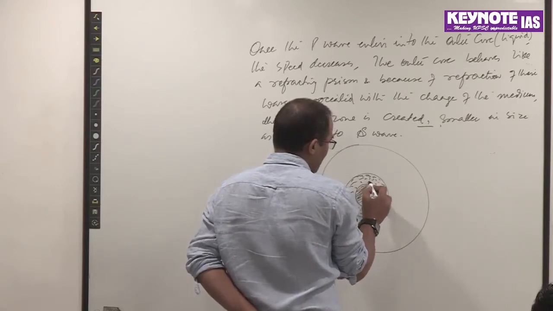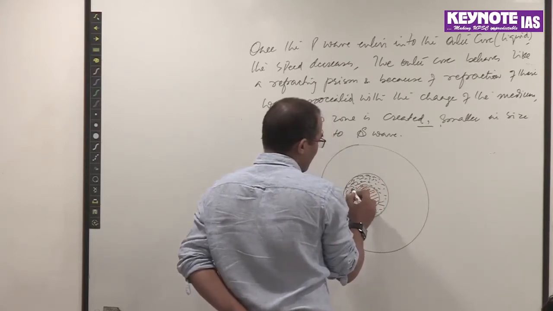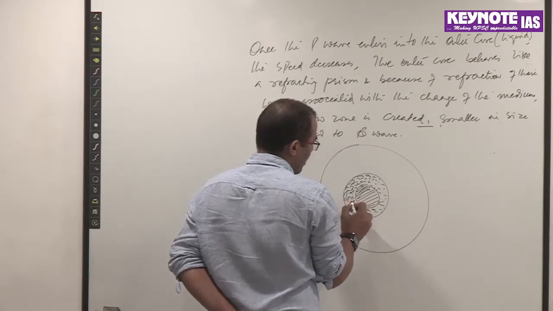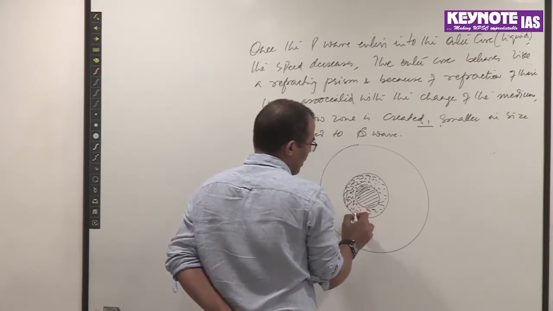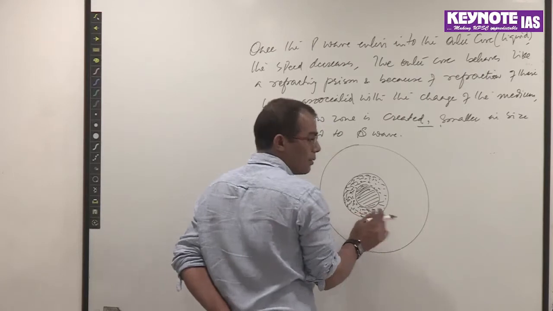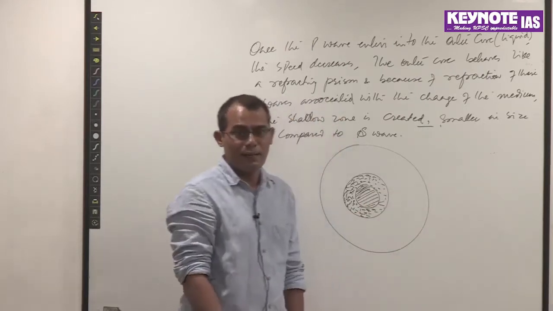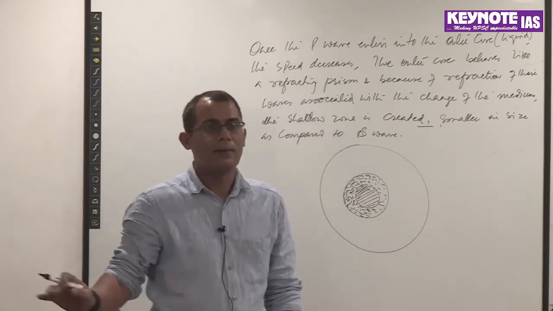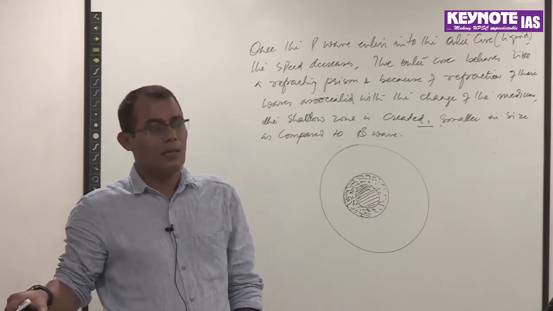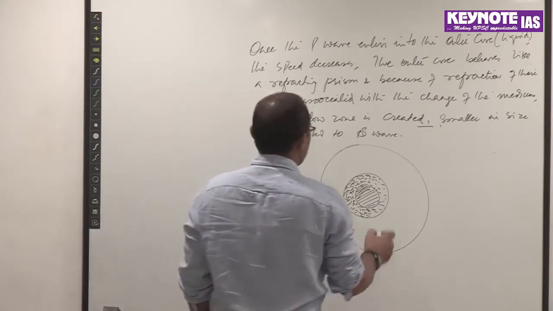Since our childhood you must have been reading one thing: when you put a stick into the water, the stick appears slightly bent. Why? Refraction of light, right? The same thing happens here.